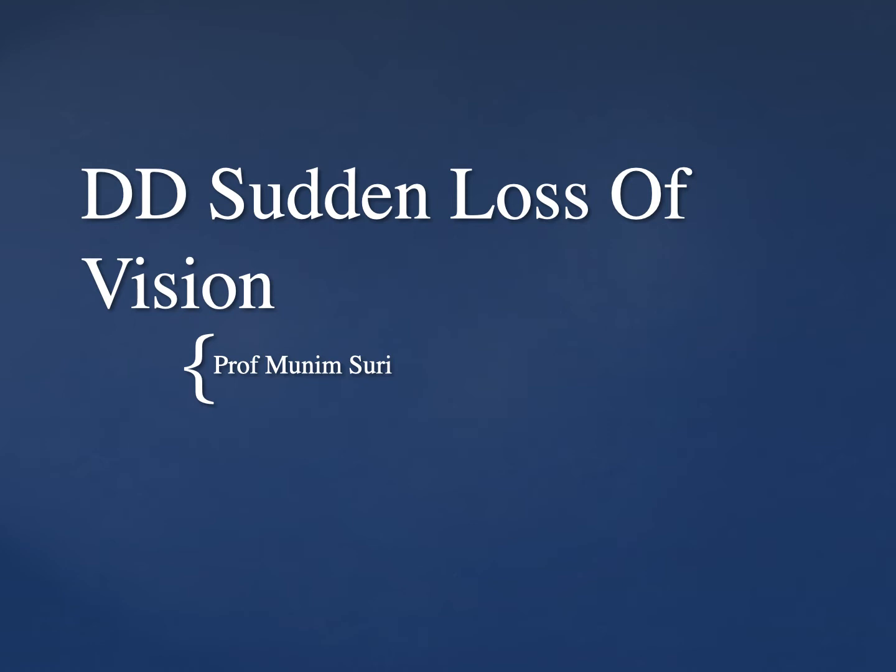So this is optic neuritis. These are the signs. When we fit the signs with the history, we get to the diagnosis. If the diagnosis is a bit confusing, then we do investigations.